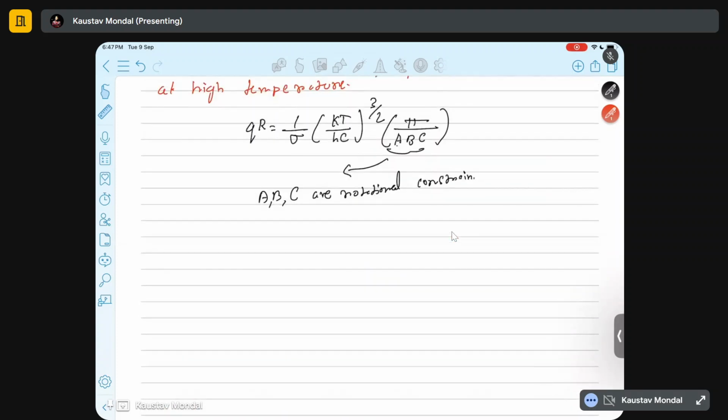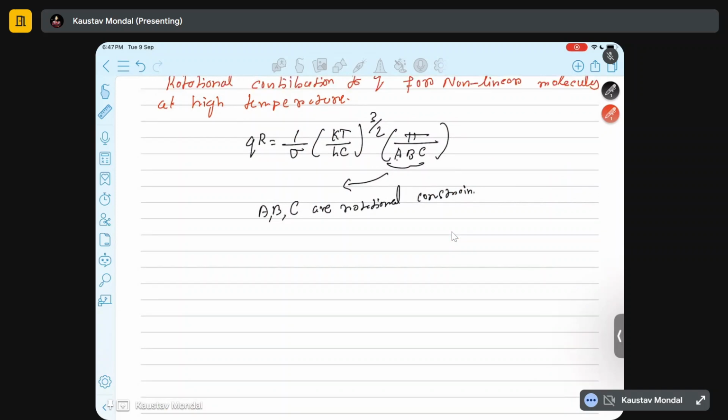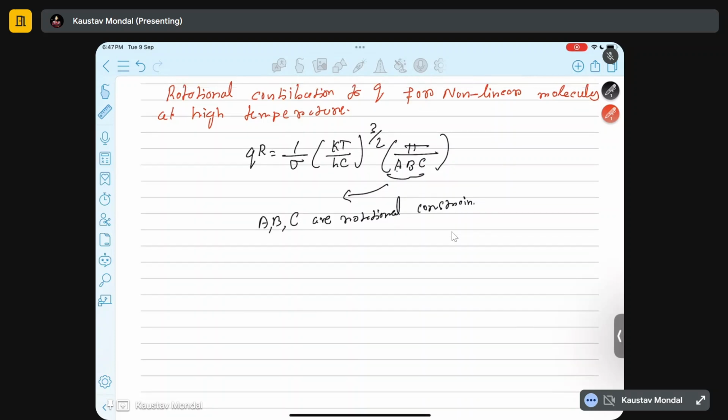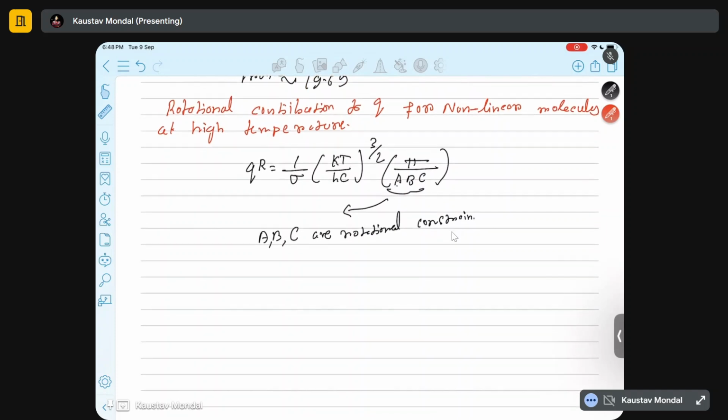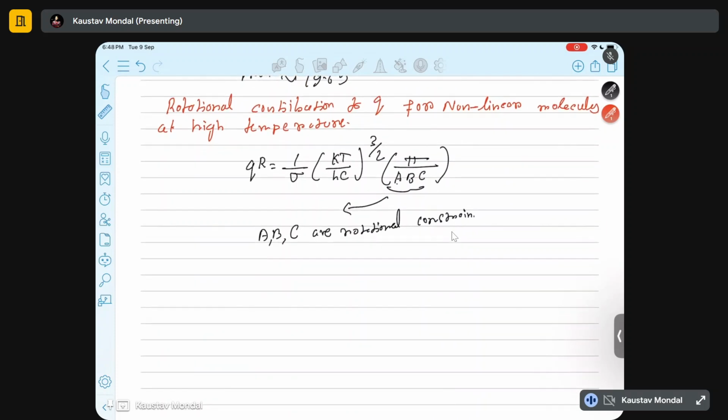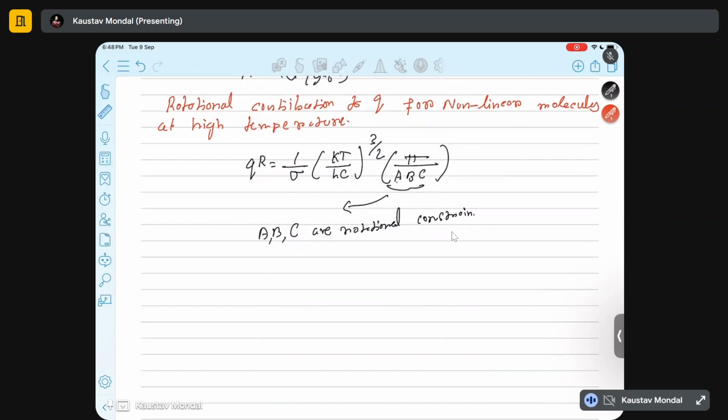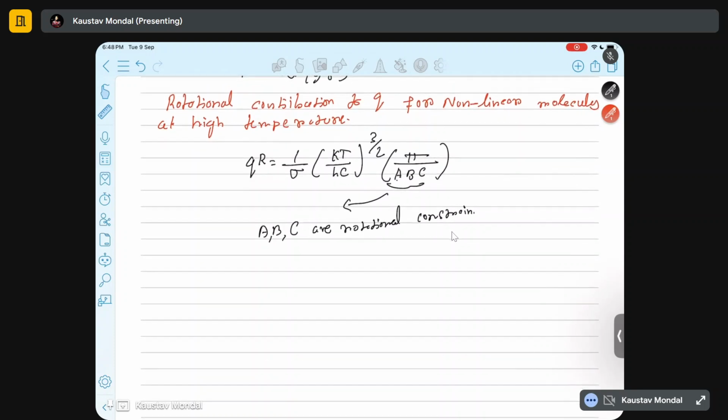So basically, ABC values will be supplied in the problem. Okay, these are the rotational constant values. Now we will check under what cases this approximation will be good. Okay.